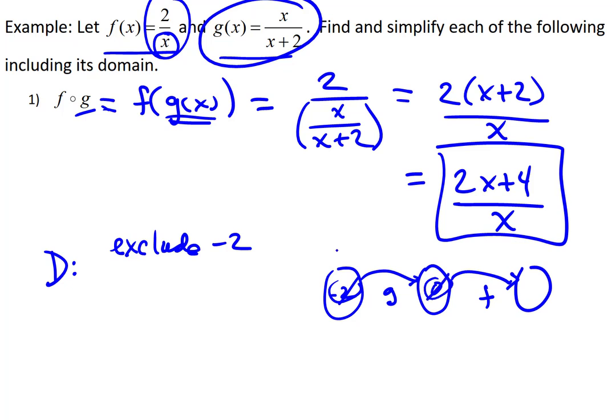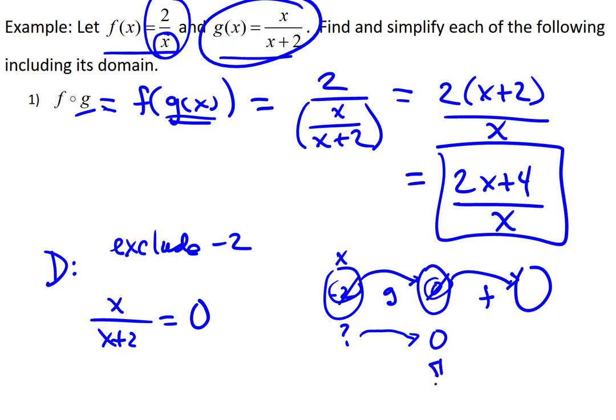But we're talking about the x values starting way over in the domain of g, which means we want to know which x value over here in the domain of g would turn into 0, because we're not allowed to pick up 0 as we just discussed with the f function. Well, we can find that out by taking our g function, which is x over x plus 2, and setting it equal to 0.